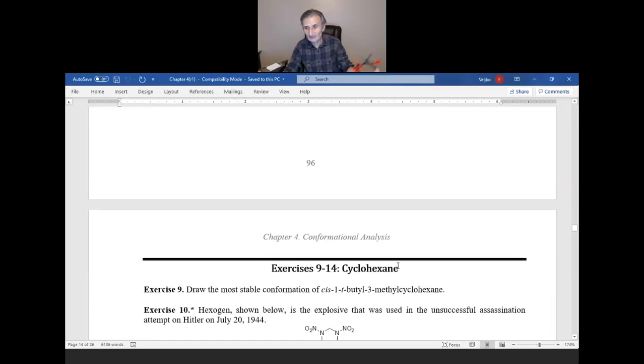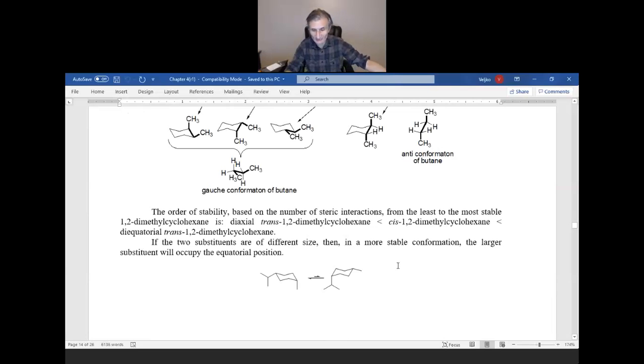And so in general, when you're carrying out conformational analysis of cyclohexane, you should look at the number of axial and equatorial substituents. If you have an equal number of axial and equatorial substituents, let's say each conformation has one axial and one equatorial, let's say something like this. See, this is trans-1,3-dimethylcyclohexane, one axial and one equatorial.